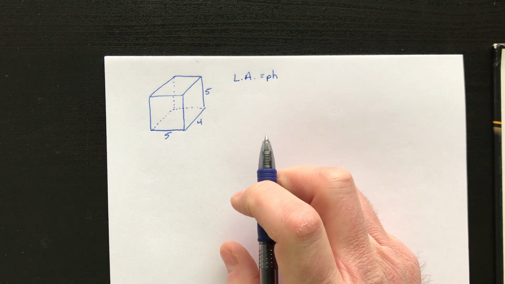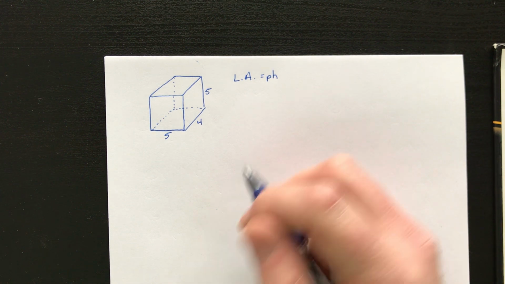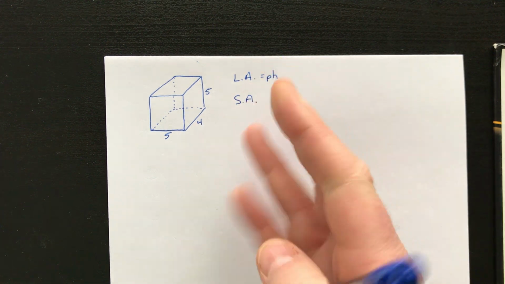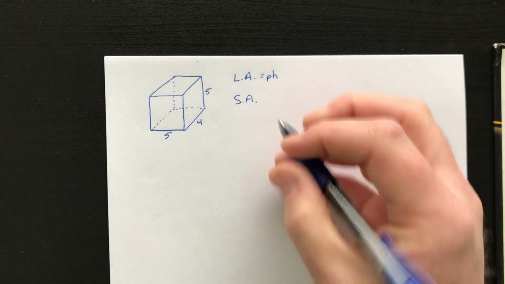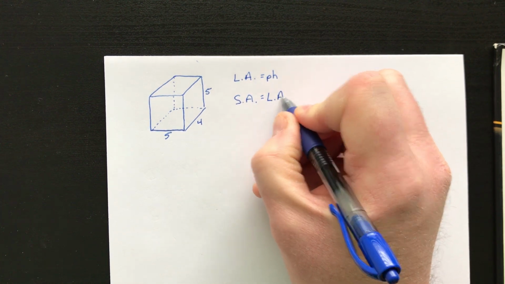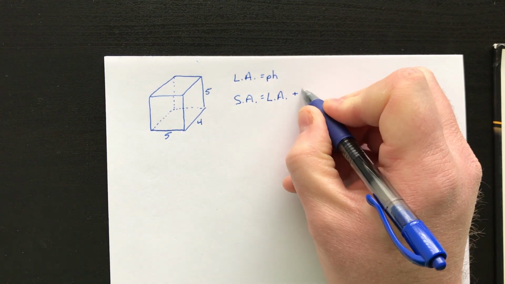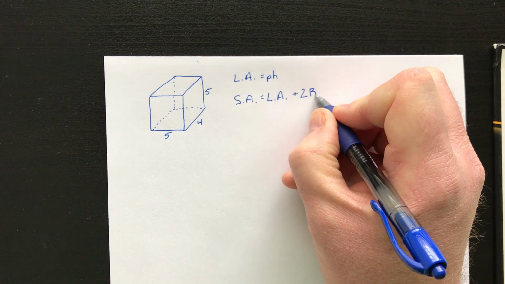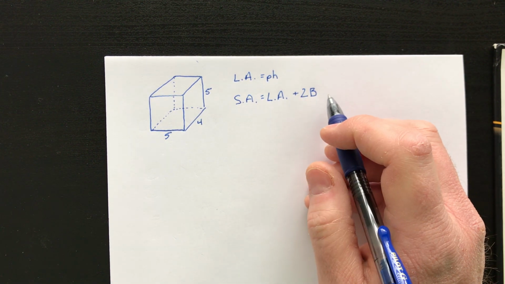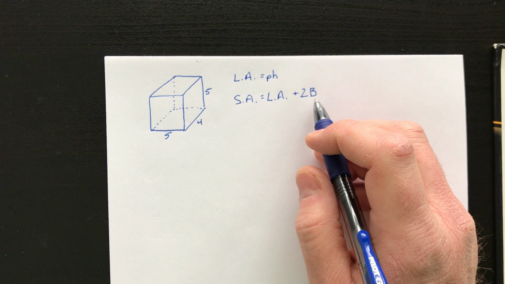Now, the problems that we're going to be doing, we need to find surface area. Surface area is all of the sides. So it's the lateral area plus 2 times the area of your bases. That's what the capital B is. Capital B means area of the bases.